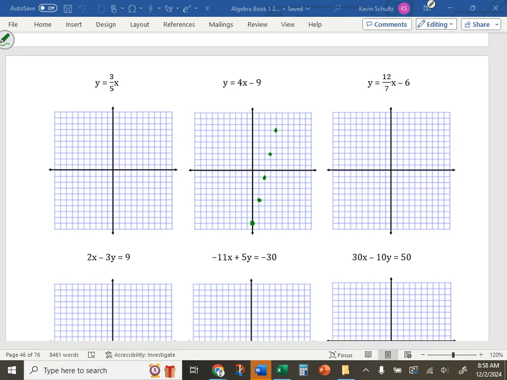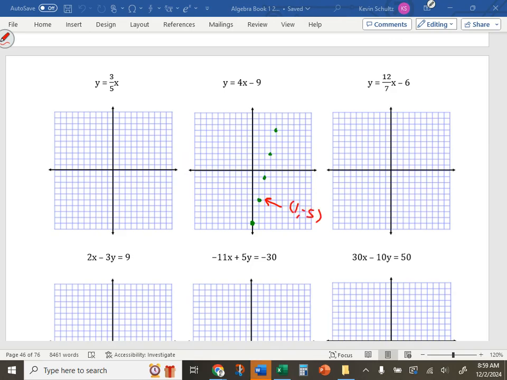Now, Lucas, give me an ordered pair that's on that line, not 0, -9, because that's the y-intercept, but any of those other ones. The one just above the y-intercept. Right here? Yeah. Okay, so this ordered pair is 1, -5.